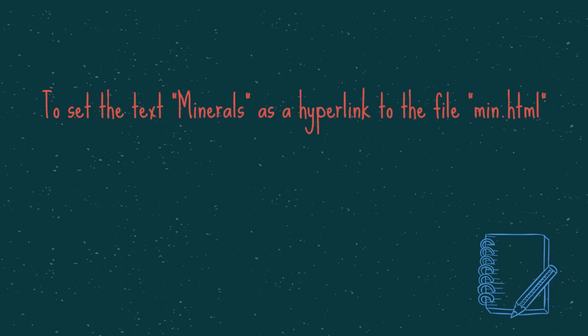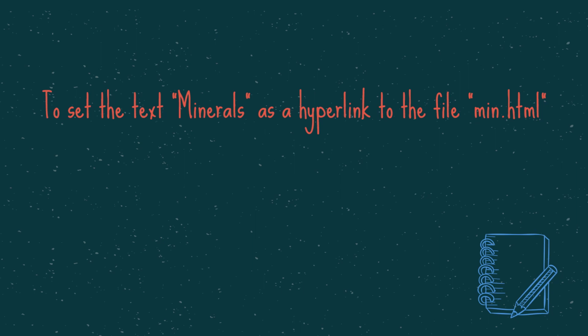Similarly, we are going to set the text minerals as a hyperlink to the file min.html. Here again on the web page, the hyperlink text is minerals, and when we click on minerals, it will open the file min.html. The file that should be opened should be given with the href attribute.